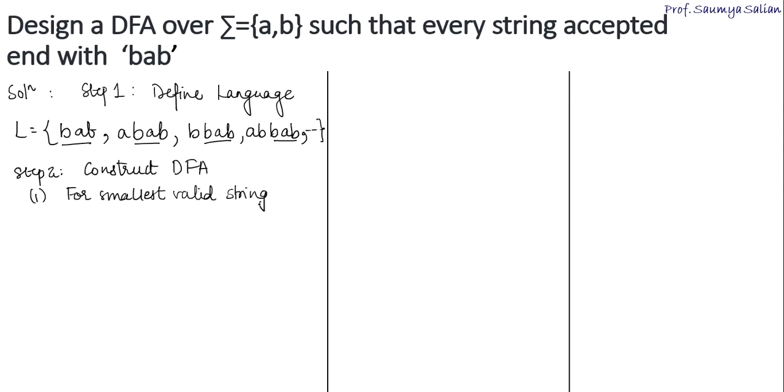Next step is to complete the DFA by responding to all the inputs at every state. Fine? So let's start. At state Q0, which is my initial state, I first begin constructing for the smallest valid string, that is BAB. So I directly show the transition.